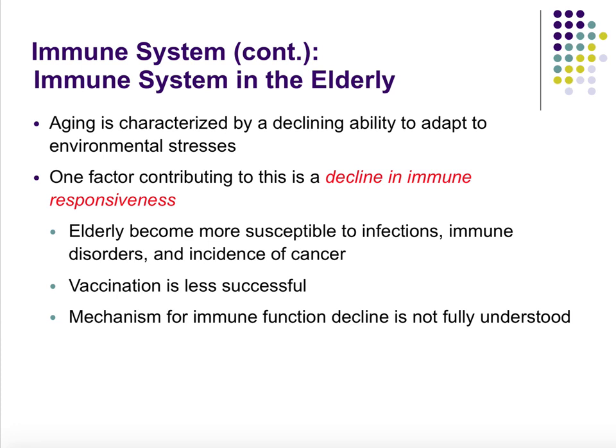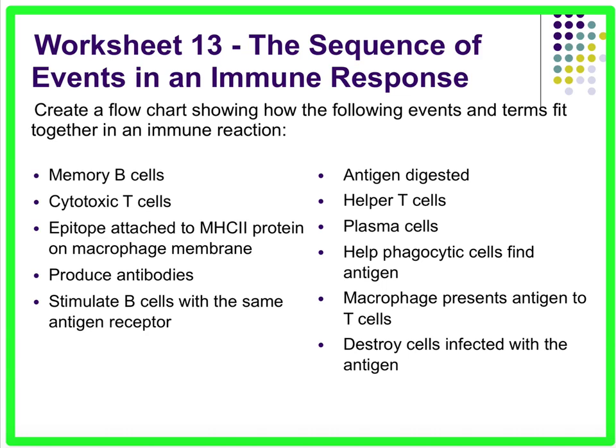Remember, one of the functions of the immune system is to recognize and destroy mutated, abnormal cells. Also, as you age, vaccinations become less successful. The mechanism isn't fully understood, but it is something that we see happening as people age. It's just a part of aging.